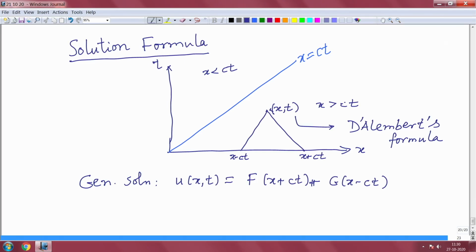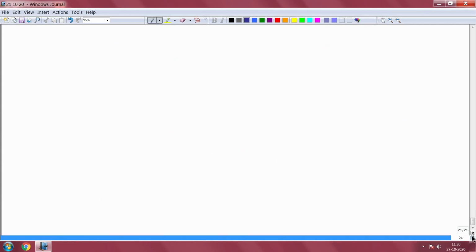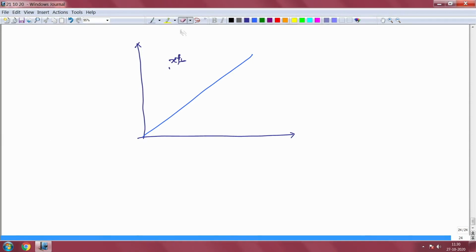but the situation is quite different. So, let me draw one more picture, a different picture. If I take x t here, now remember x is less than c t.